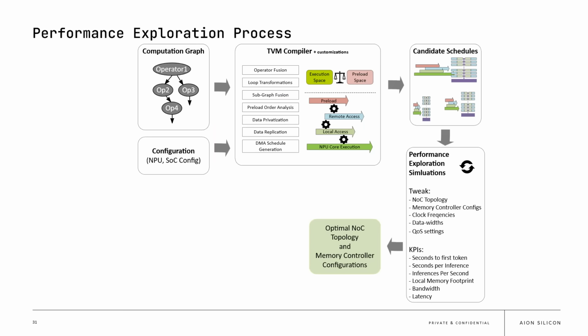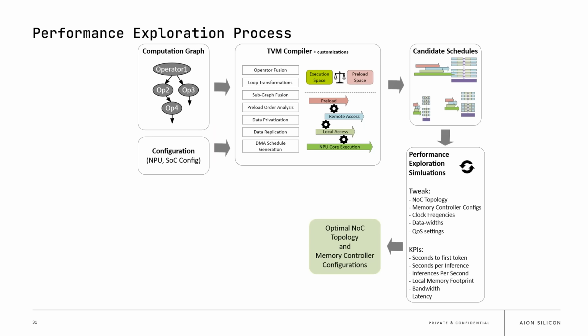So what you end up getting as an output from the compiler is a bunch of potential schedules, which are mappings of the use case onto the device itself. And you have different schedules which the compiler generates.